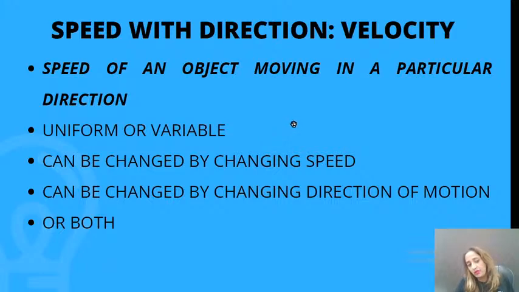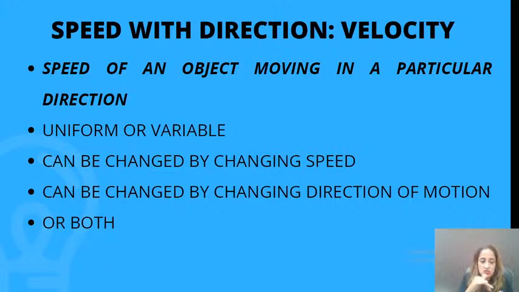It can be uniform or variable, it can change. Speed was just about the distance covered in a given period of time. But velocity is when the object changes its direction as well.